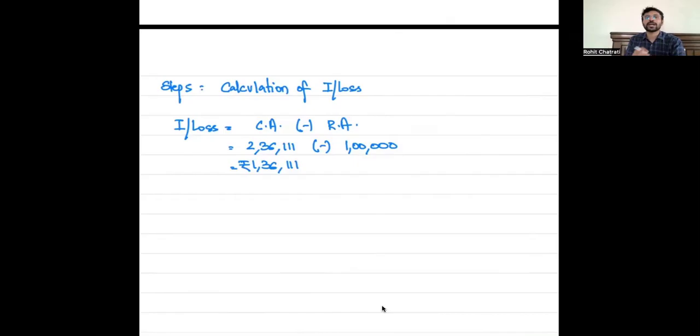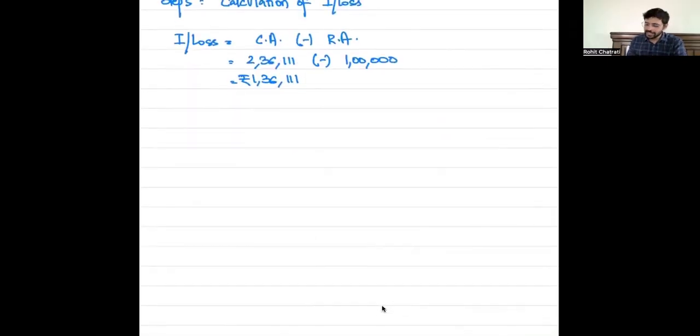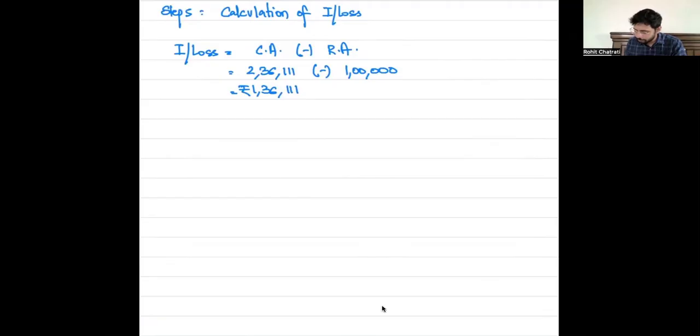This 1,36,000 will not be entirely charged to the statement of profit and loss. It will first be adjusted against the credit balance in the revaluation surplus, or accumulated OCI. Any excess only will be charged to the P&L account.